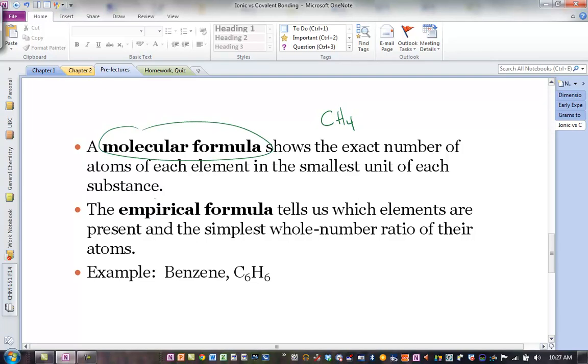Okay? We're going to deal with empirical formulas as well. They are the simplest whole number ratio of how the atoms combine. The simplest whole number ratio of how they combine. So probably the best way to illustrate this is with an example, and that is I have benzene here. This is the actual formula of a benzene molecule.